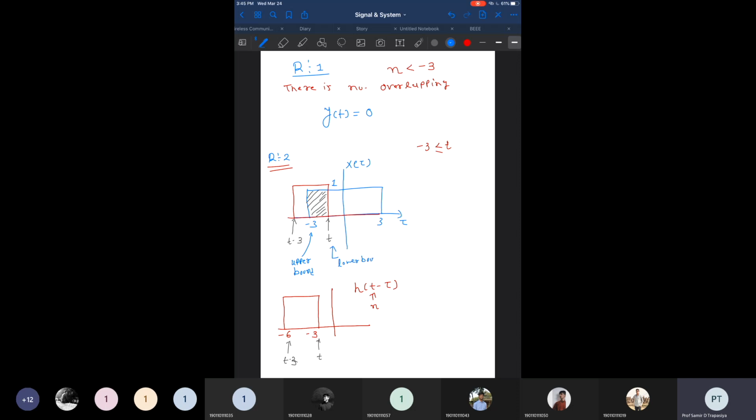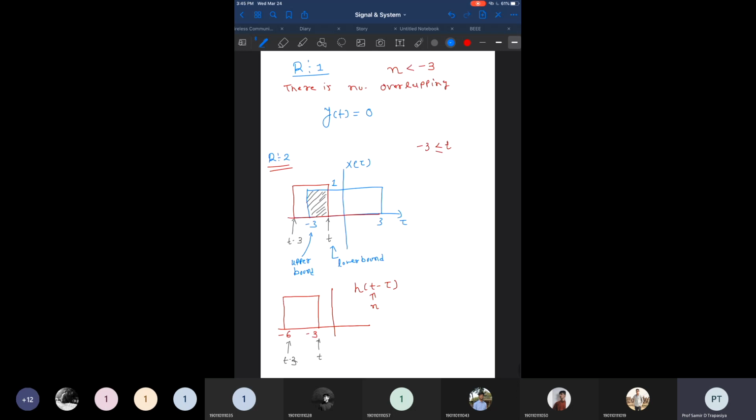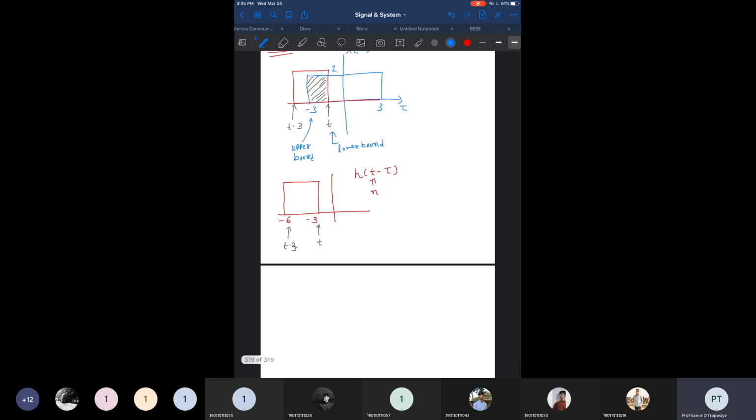So now if we find the integration for y of t, it is minus infinity to infinity, but that is basically limited with the lower bound. The lower bound is -3 and the upper bound is t. Here we write x of tau and h of t minus tau d tau.